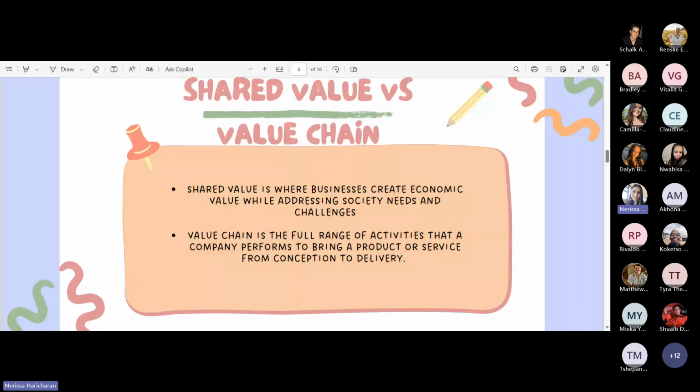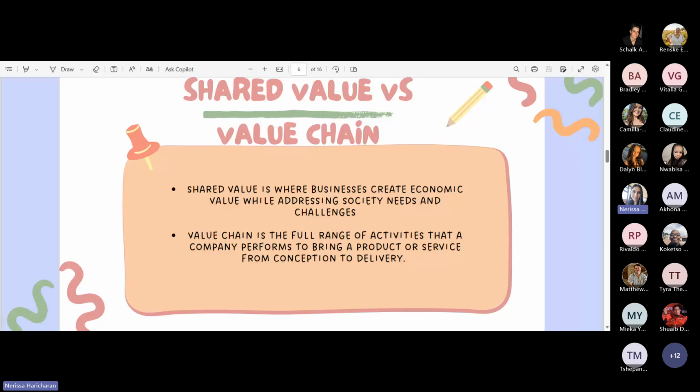So you are creating some sort of competitive advantage by making sure that your business goals are aligned with your social goals, and also with your environmental goals, whether you have a sustainability policy, or an environmental policy in which you reuse and recycle, or you are aiming for a better carbon footprint.